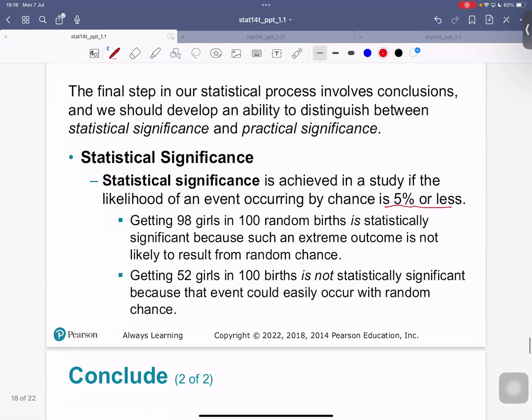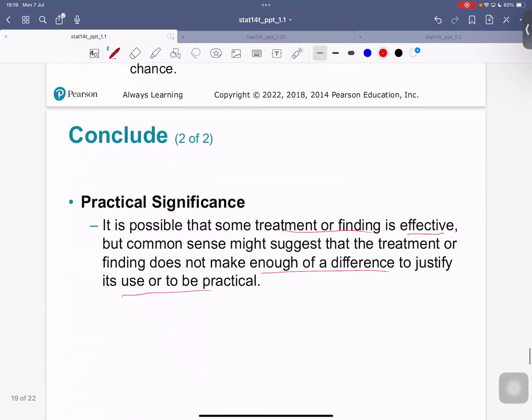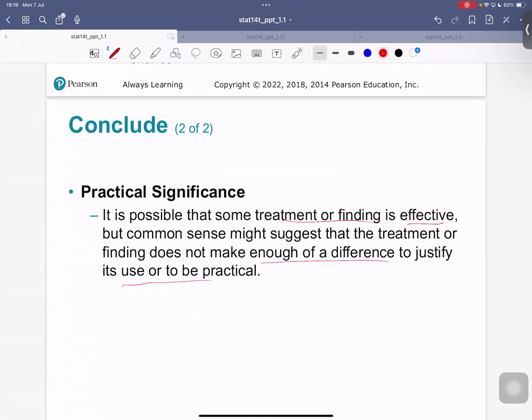But is it practically significant? In this case, no. Why? In this case, it does not make enough of a difference to justify. Do we have enough result to justify it?